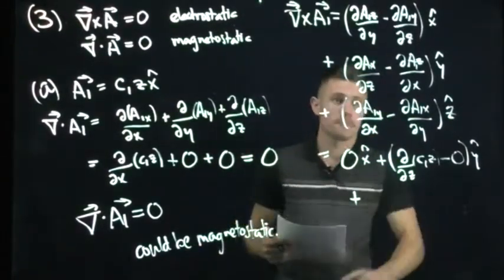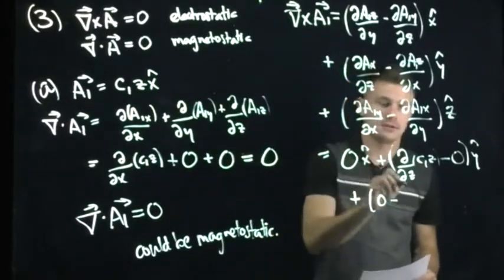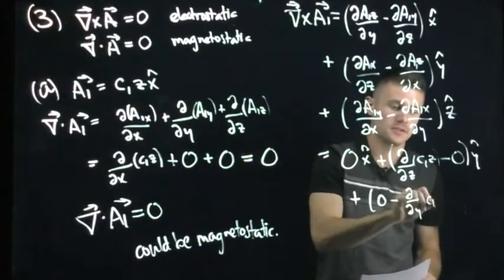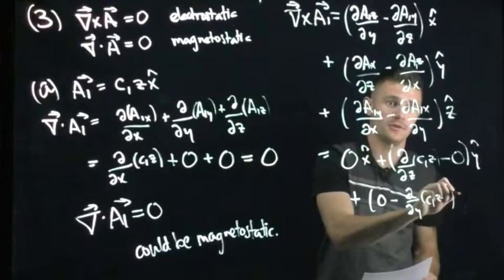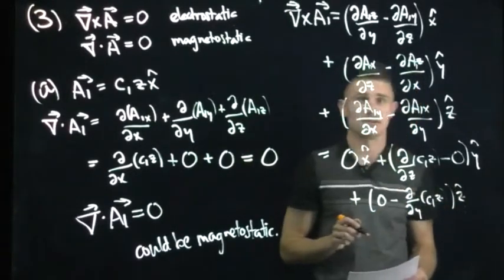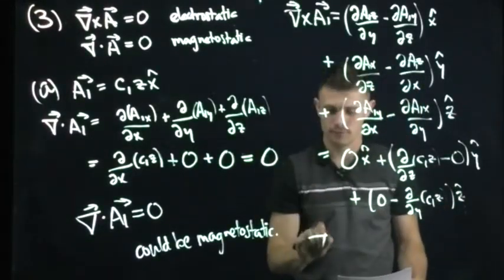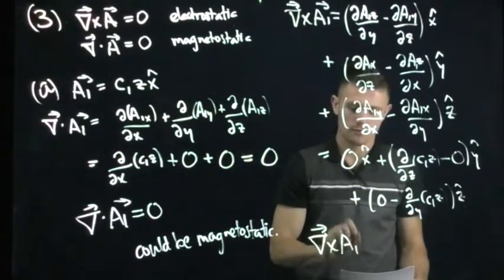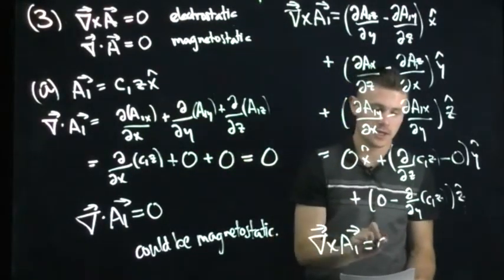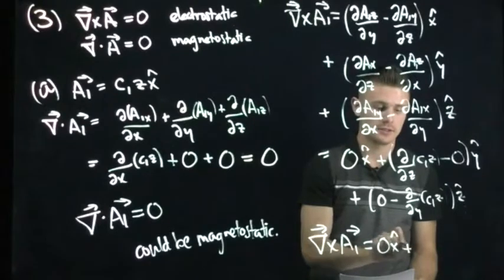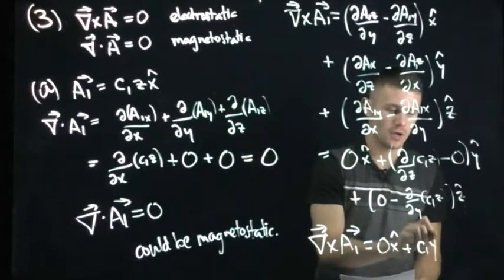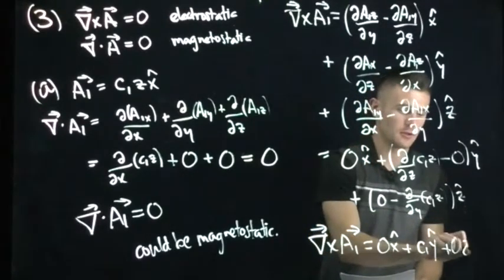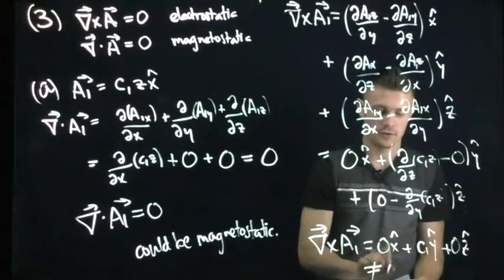It's 0 minus d by dy of C1 z, which of course that derivative is 0 because there's no y dependence here. So we end up with the curl of A1 is 0 x hat plus C1 y hat plus 0 z hat, which does not equal 0.